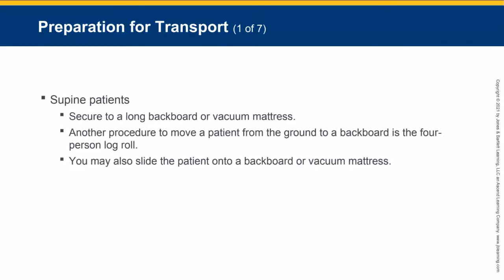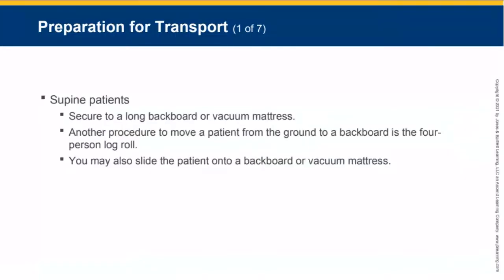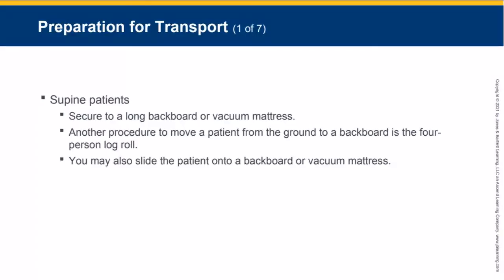If the back is already available to you, check the patient's back or do your rapid head to toe for the posterior portion of the body before you turn the patient over onto your board.